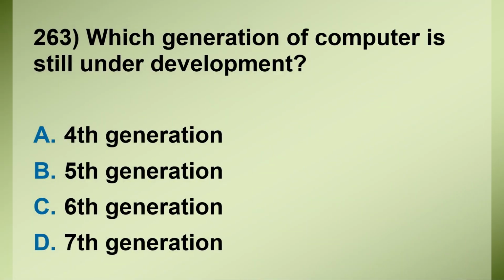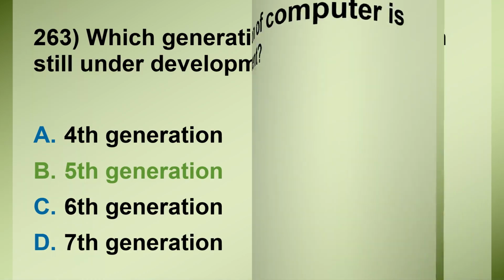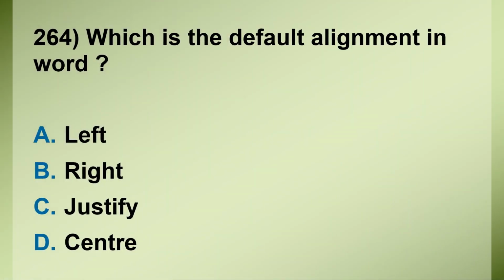Which generation of computer is still under development? That is fifth generation. Which is the default alignment in Word? That is left.